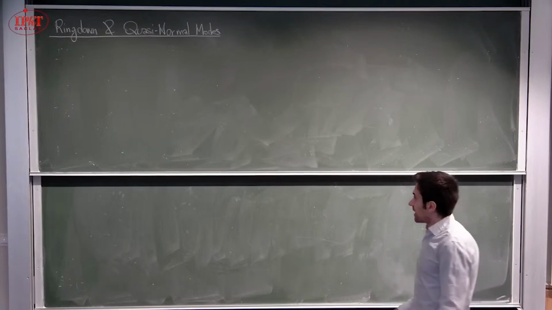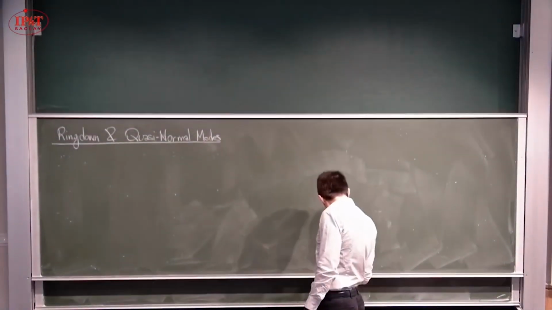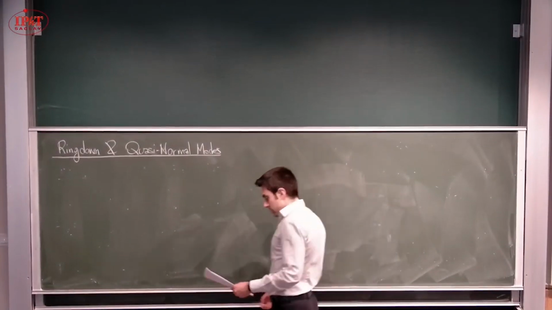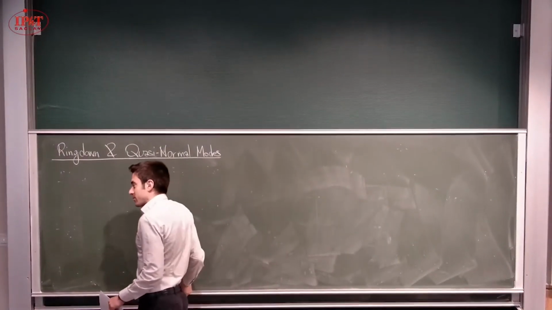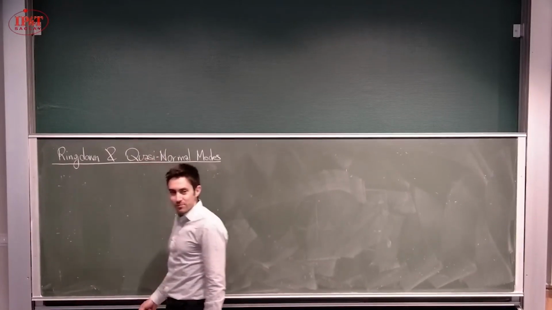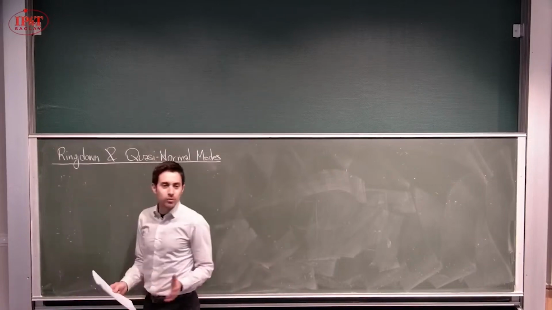Okay, let's start from quasi-normal modes. Before talking about quasi-normal modes, let me briefly recap what is pretty obvious, but what a normal mode is. Well, we are all familiar with normal mode analysis.